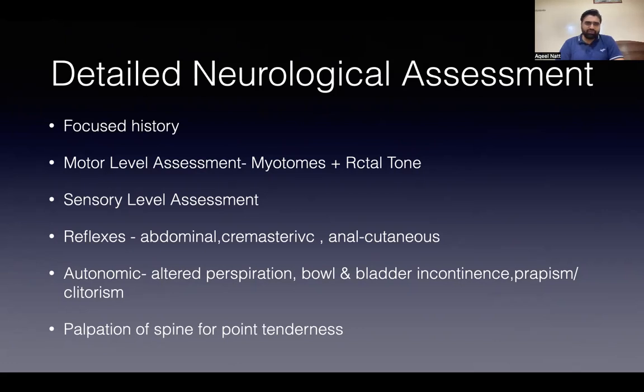You take focused history, you assess the motor level, myotomes, you check for the rectal tone, you check for sensory levels, you go for reflexes: abdominal reflex, cremasteric reflex, and anal cutaneous reflex.